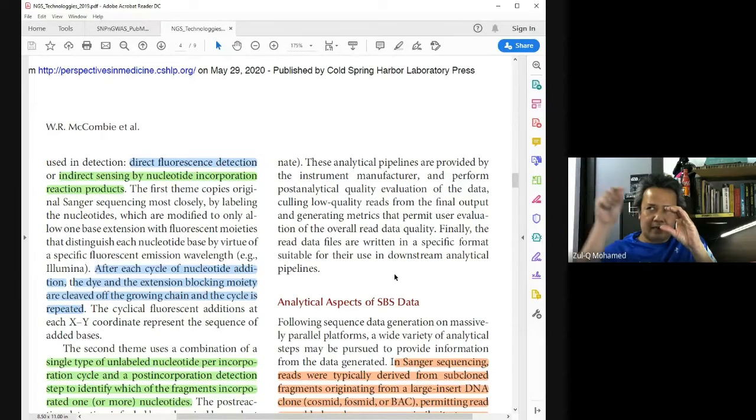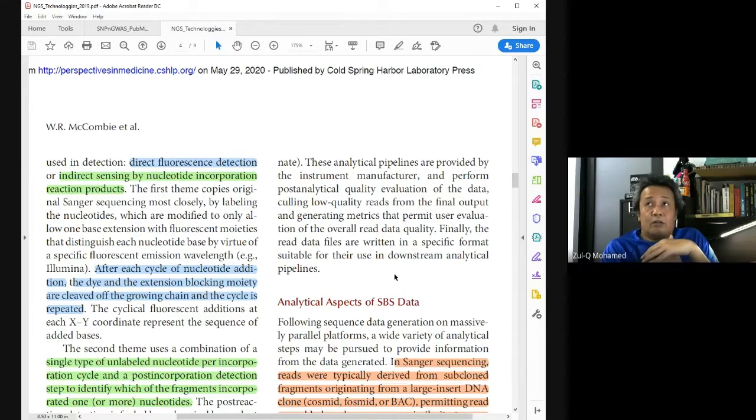Polymerase adds in a nucleotide, and that nucleotide carries a label. That label is fluorescent, so whatever comes in is then detected. So that means direct fluorescence detection.